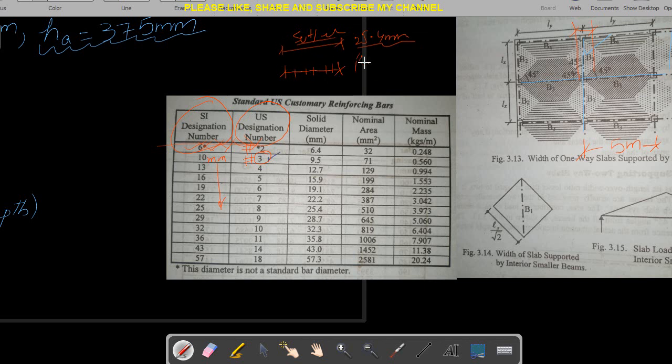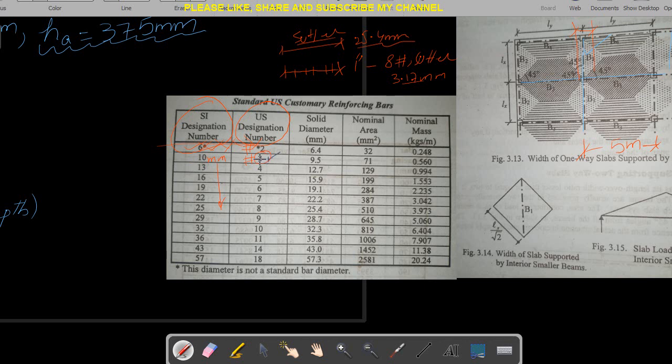So 1 inch equals 8 numbers, or 8 sutars. Therefore in one number, it is roundabout 3.17 millimeter. So almost these numbers are rounded, like you can see here.